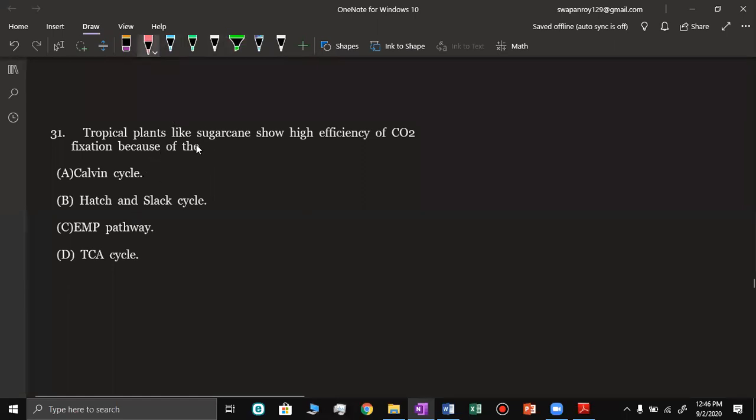Next is tropical plants like sugarcane show a high efficiency of carbon dioxide fixation.